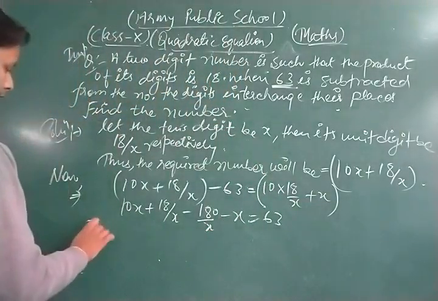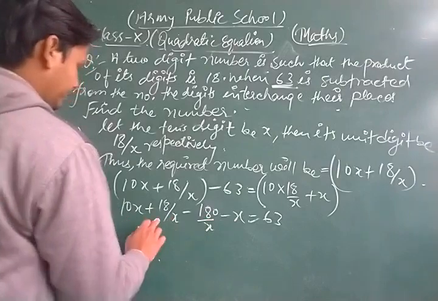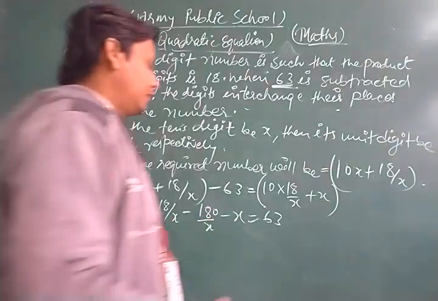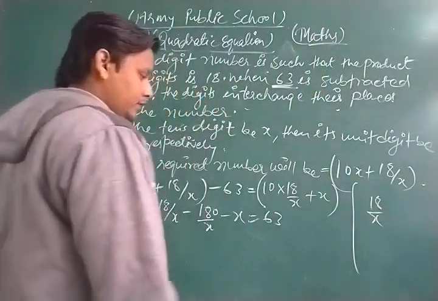Now we simplify. 10x minus x, that is 9x. Now this is 18 upon x minus 180 upon x.